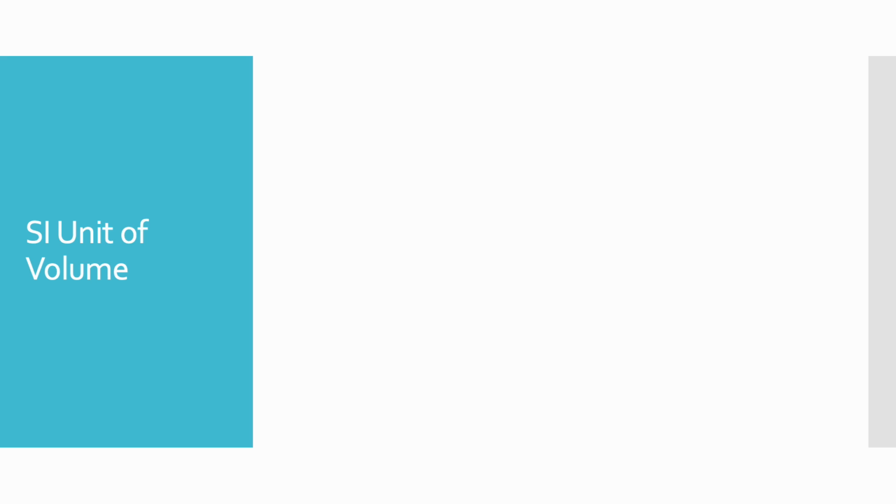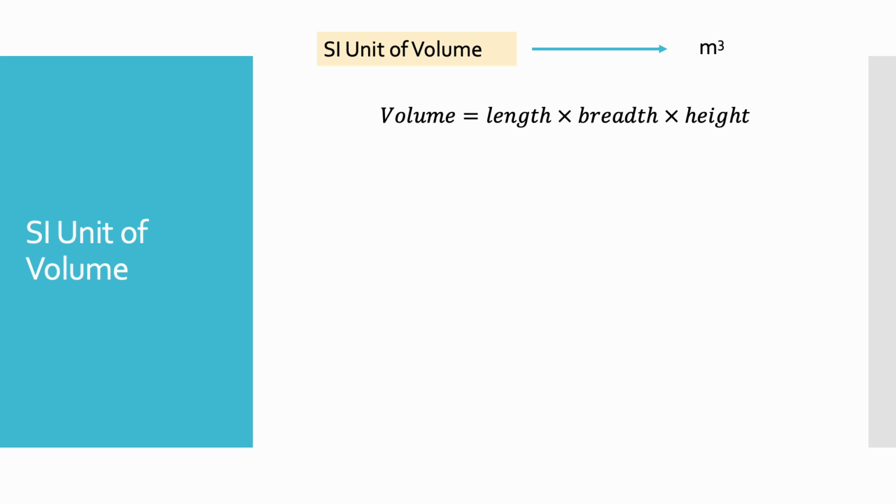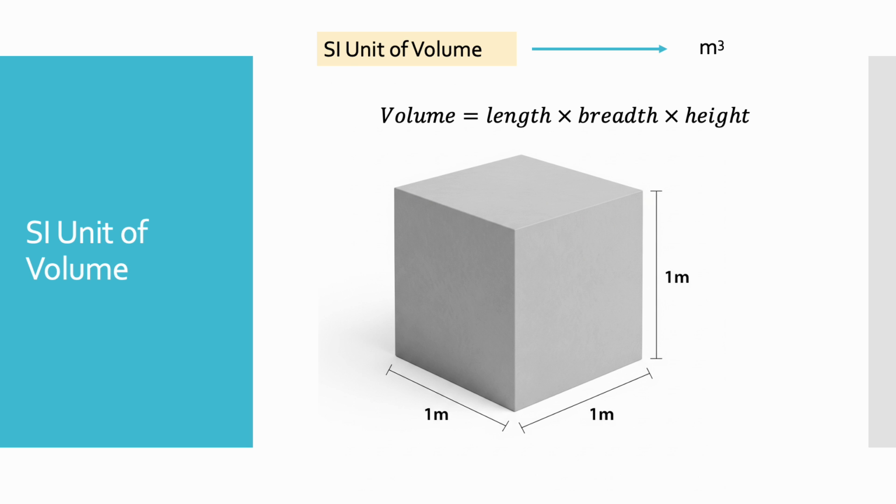Now that we understand what volume is, let's talk about how we measure it. The SI unit of volume is cubic meter. This cube here shows that it's 1 meter long, 1 meter wide and 1 meter high.